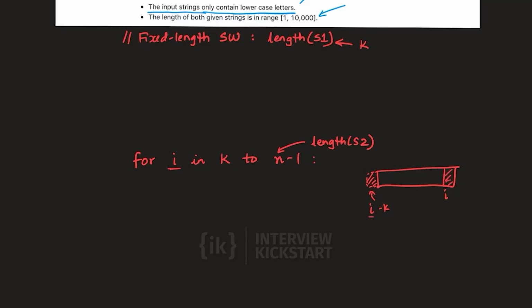Now kicking out I minus K from the hash table can be done without checking if that character exists in the hash table, because it obviously must exist already, since my subordinate presumably did his or her job correctly.